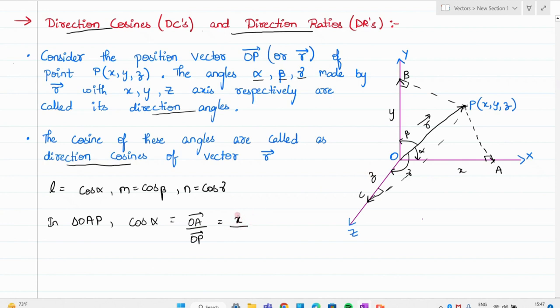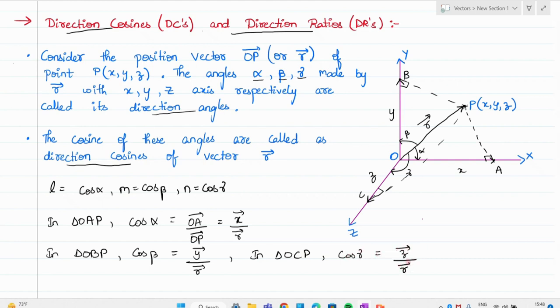OP is nothing but R. Similarly, in triangle OBP, we can write cos beta as y by R. And similarly, in triangle OCP, we can write cos gamma as z by R.